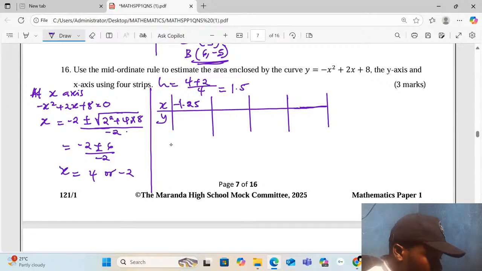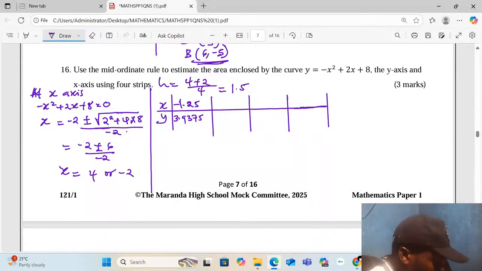Now what will be the value of y? Now y will be equal to negative 1.25 squared plus 2 of negative 1.25, plus 8. You'll get something like 3.9375.